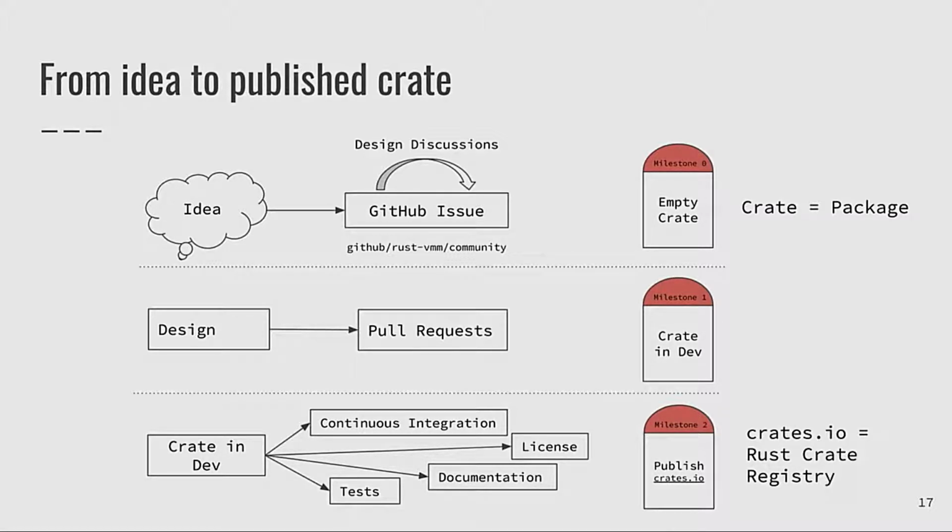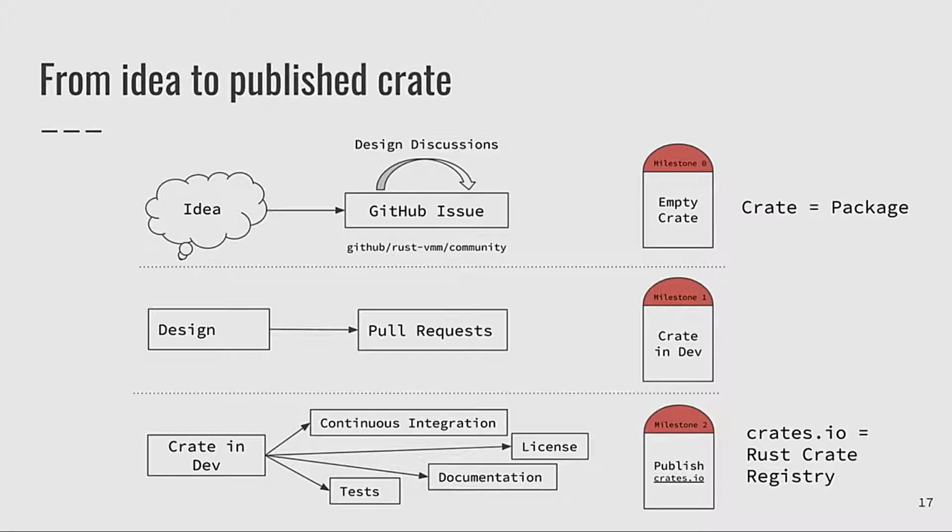The first one is we want to make sure, as I said before, that the packages are very well tested. And we want to make sure that we have the same quality bar set for all the packages in Rust VMM. So what we do actually is we use the same continuous integration system for all packages in Rust VMM. And this needs to be set up before we actually publish the crate.